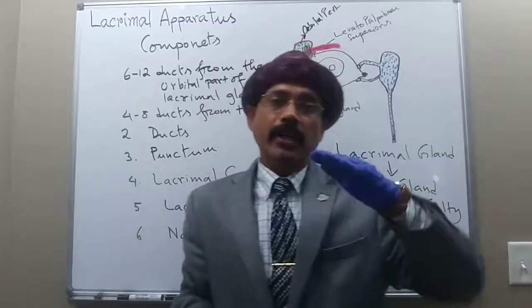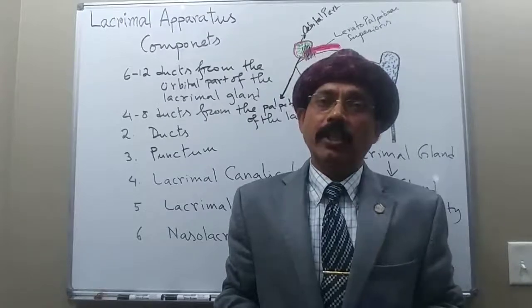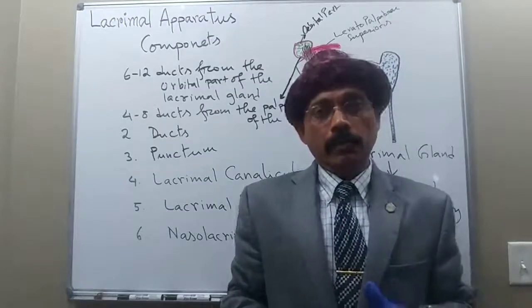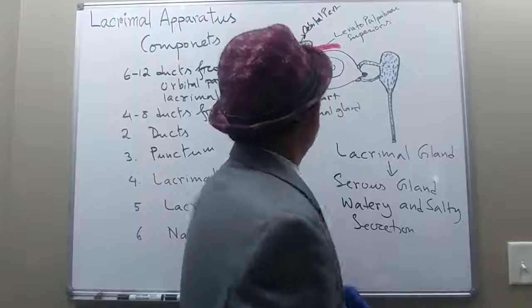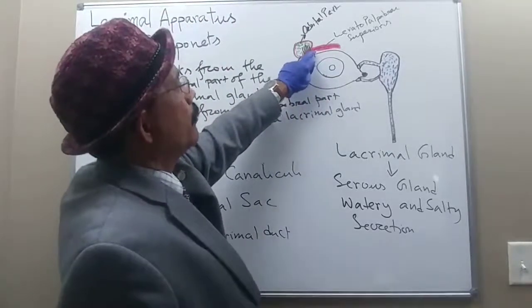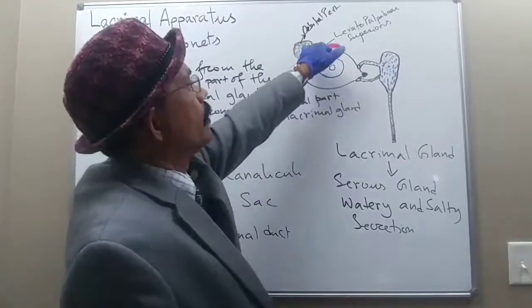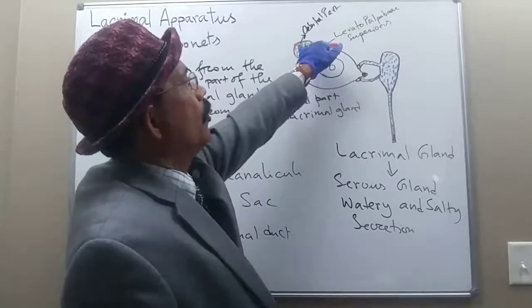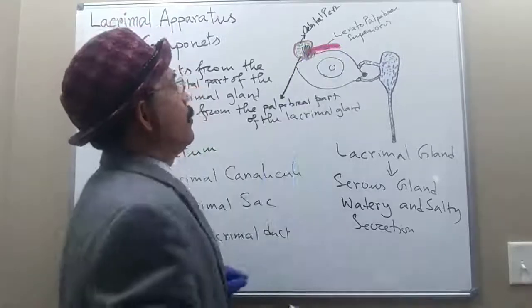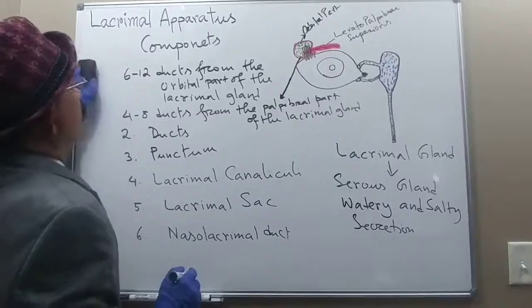Palpebral conjunctiva is underneath the eyelid. Bulbar conjunctiva covers the sclera to the margin of the cornea. So if we cut the palpebral part of the lacrimal gland, we can destroy the ducts of the orbital part of the lacrimal gland.